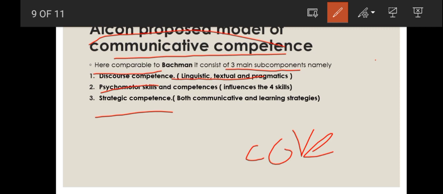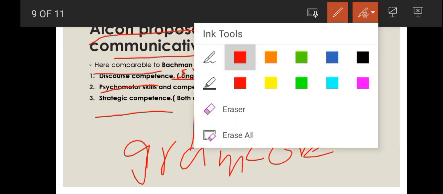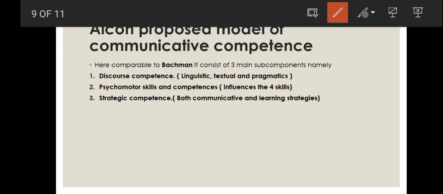You can see here that Celce-Murcia, Dornyei, and Thurrell in turn break down the three constituents, and now I'm going to discuss them one by one. Linguistic competence refers only to grammatical knowledge. I have already discussed grammatical knowledge. Linguistic is totally related to this. Textual also, and pragmatics I have already discussed in the previous ones.